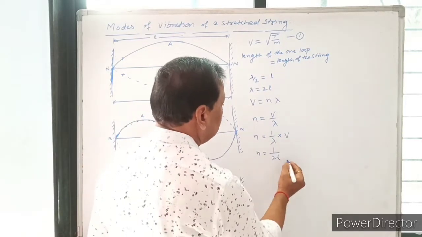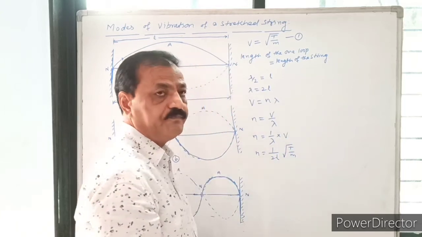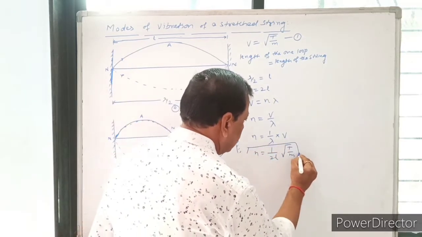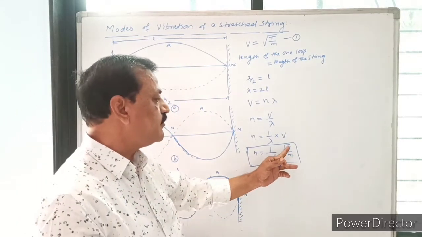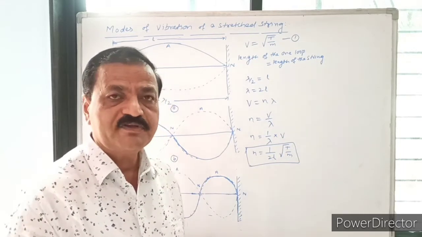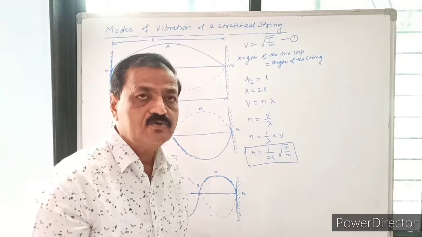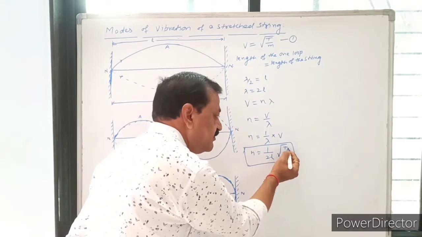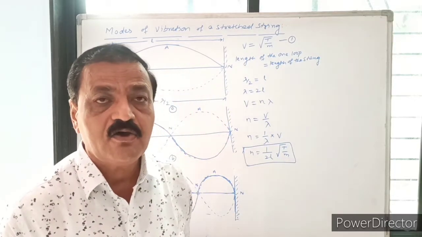From equation 1, velocity is root of T by m. So this is the fundamental frequency of the string. n is equal to 1 upon 2L root of T by m. This is the fundamental frequency of the string or first mode. n means frequency, L is the length of the string, T is tension in the string, and m means mass per unit length of the string or linear density.